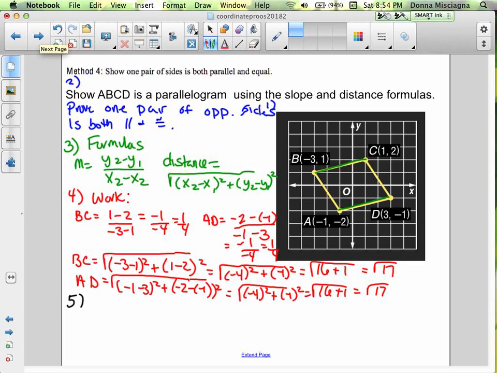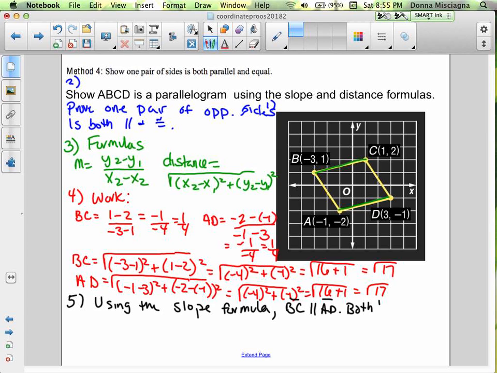All right, so I'm going to do a paragraph proof again. Let's see if I can make my sentences not too long. I'm going to start with the formula. Using the slope formula, BC is parallel to AD. And I'm just going to put what the slopes are.